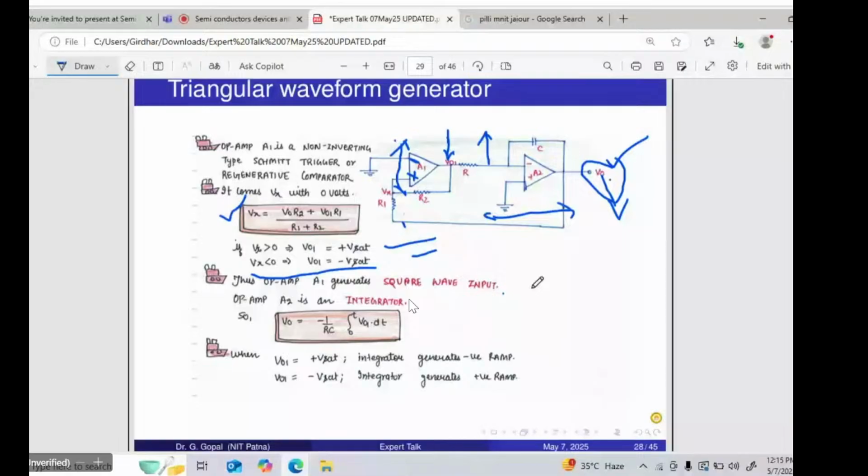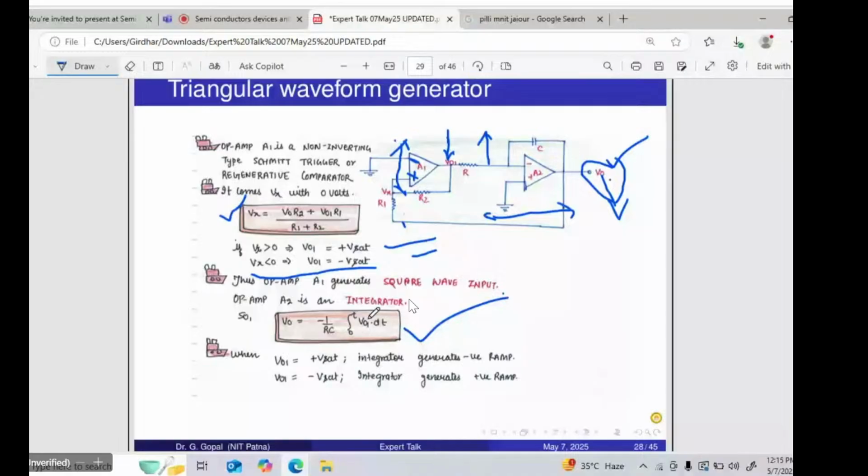Now you have to integrate. What is the relationship of the integrator to calculate the output expression? We know this relationship. V0 is minus 1 upon RC integration of V01 dt. Here V01 acts as input to this amplifier A2. So what is V01? It is either plus Vsat or minus Vsat.